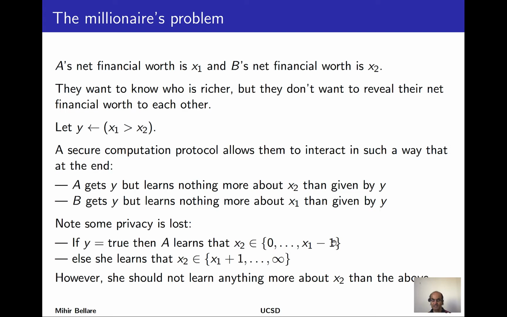It's something in this range. Conversely, if she learns that she makes less, then she knows that Bob's worth is in this range. So when we say Alice learns nothing more about x2 than given by y, we mean that she learns nothing more than what's indicated here.